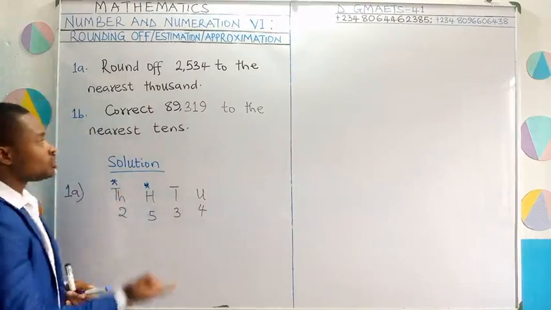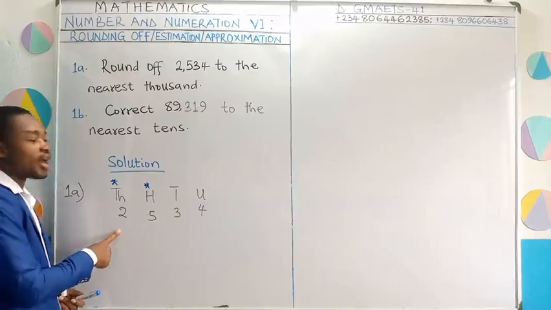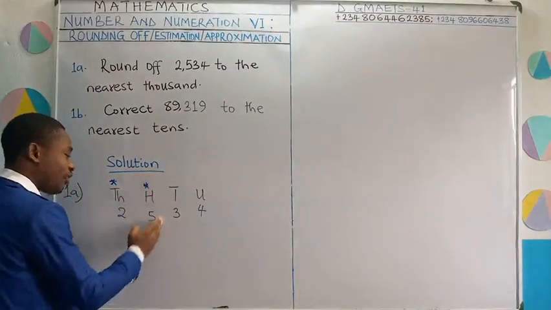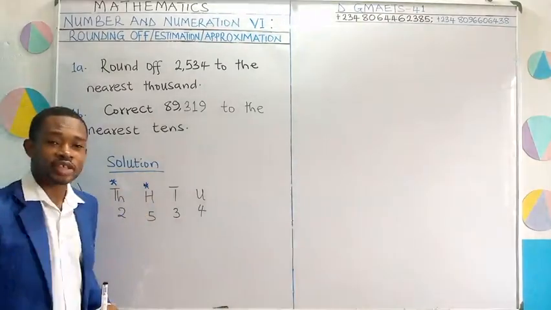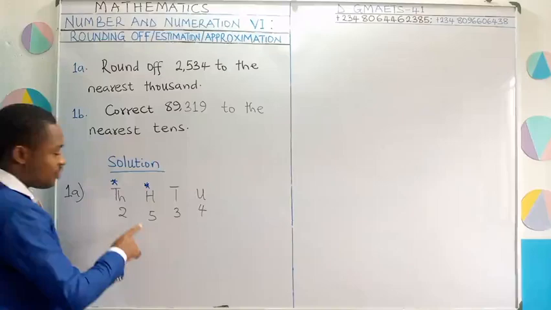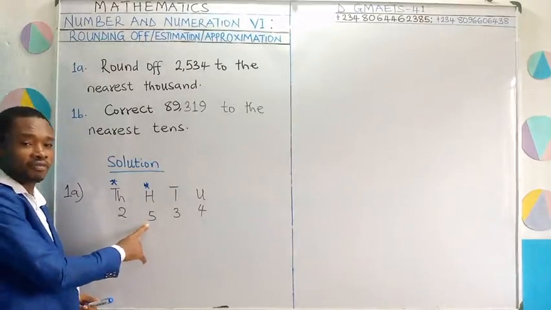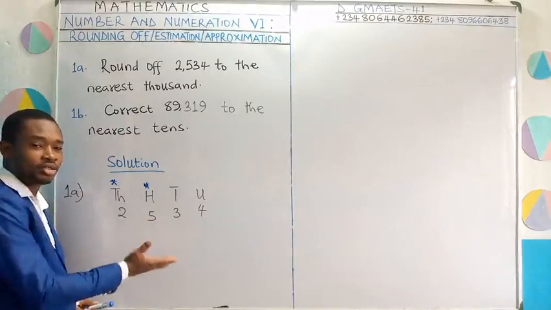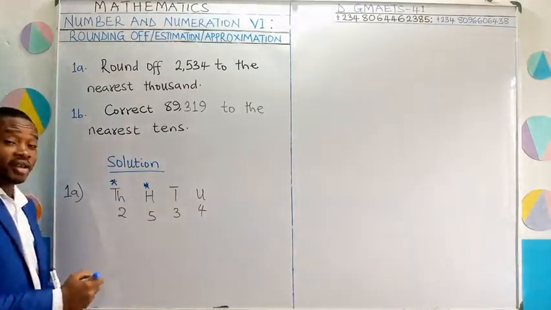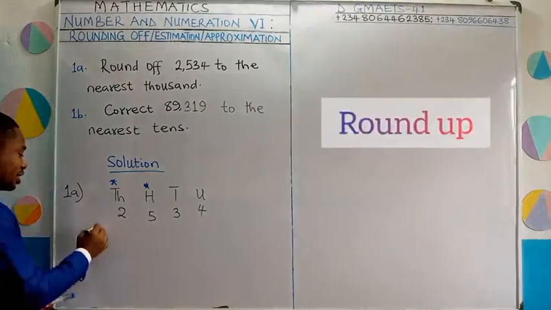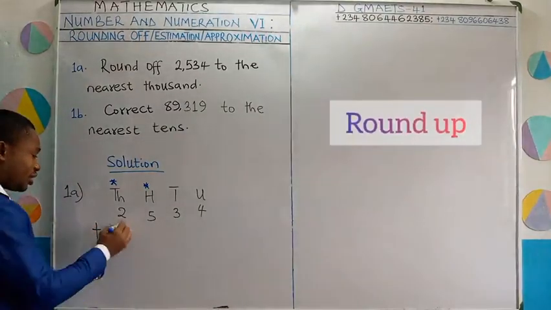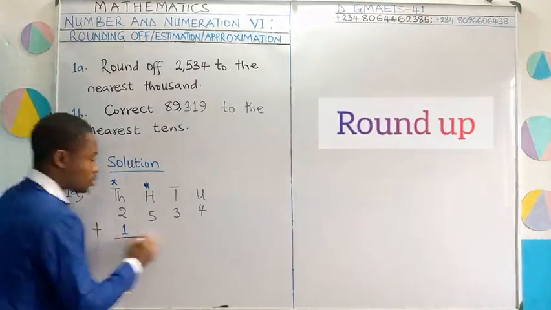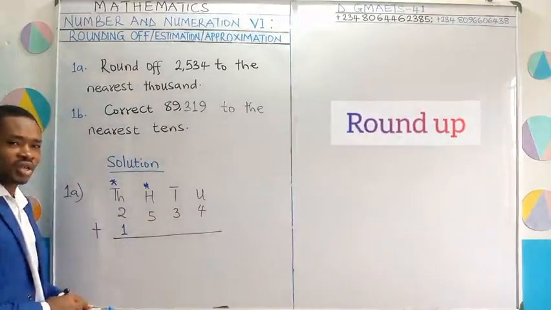Now I'm rounding off into the 1,000. So all I have to do is to ask myself the digit under the 100 place value. Is it up to 5 or is it less than 5? And clearly if you look at this, it is up to 5. This is 5 here. Therefore you're going to do what? Round up. And in rounding up, what do you do? Simply add 1 to the 1,000 place value you are rounding off into. So adding up to this, what is going to happen?